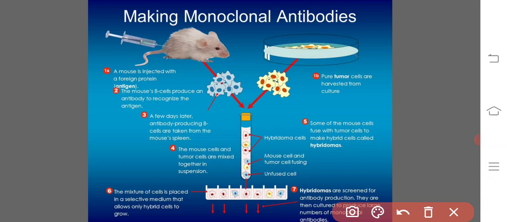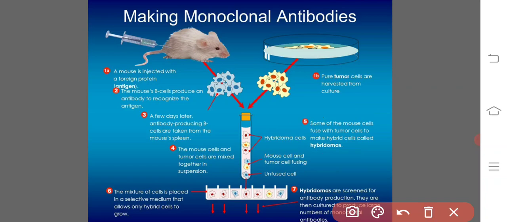Thereby, some of the mouse cells fuse with the tumor cells to make hybrid cells called hybridomas. Here in the diagram, we are observing these are the hybridoma cells, and these are the mouse cells and tumor cells fusing, and at the bottom we are seeing the unfused cells.